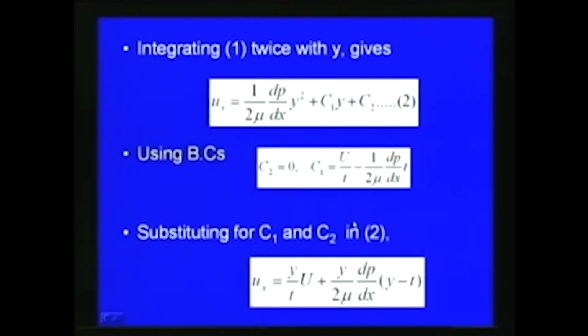To find these two unknown constants C1 and C2, we use the boundary conditions. If we apply the first boundary condition at y equal to 0, these terms go, and we get C2 equal to 0.